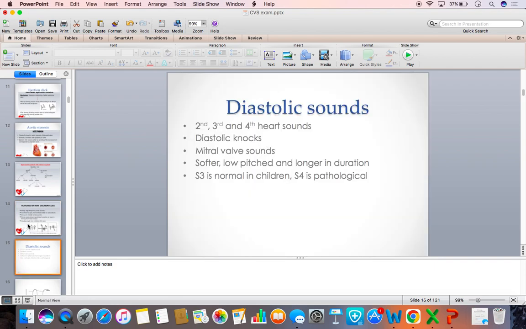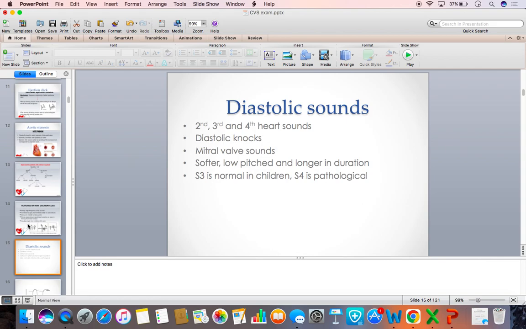Then we proceed with the diastolic sounds. The sounds that follow the second heart sound are the diastolic sounds. That is, the cardiac cycle that begins with the second heart sound and ends with the first heart sound is the diastolic phase. What are the diastolic sounds?